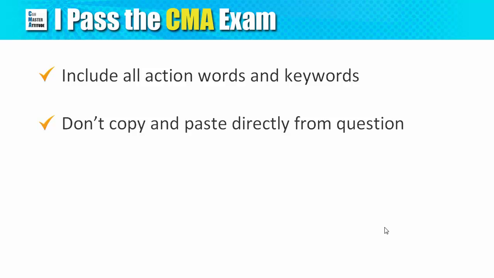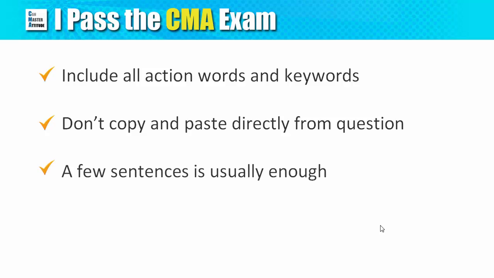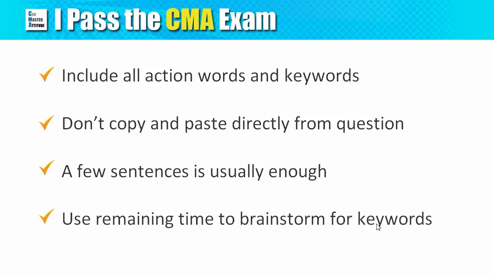Don't copy and paste straight from the question, because the grader will assume that you didn't go through a thought process. Unless the subject is very complex, a few sentences are good enough for the introduction. You can then spend the remaining few minutes to brainstorm more keywords related to costing methodologies, their benefits and limitations.